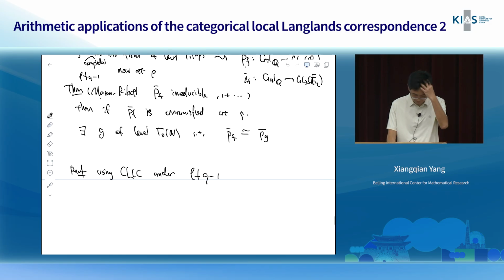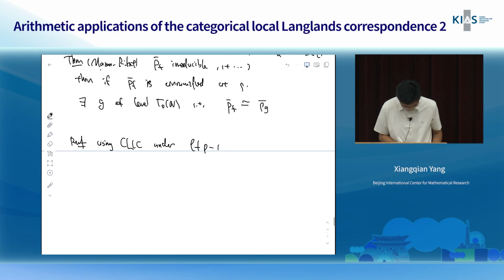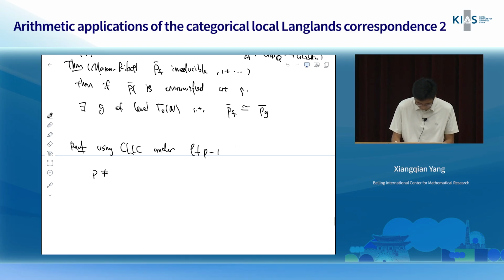Ribet's proof uses some very clever ideas: they find some auxiliary prime q and do level raising and lowering. But because there's no time, let me just assume that p is not plus or minus 1 mod l. This is Mazur's case.